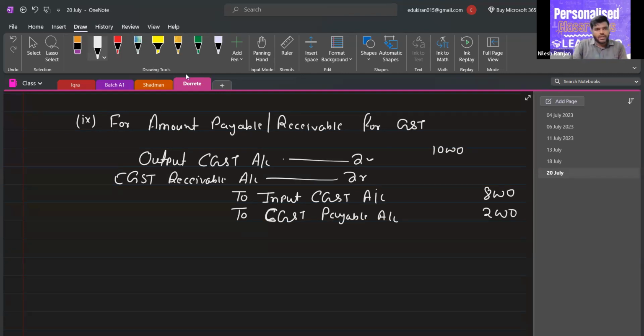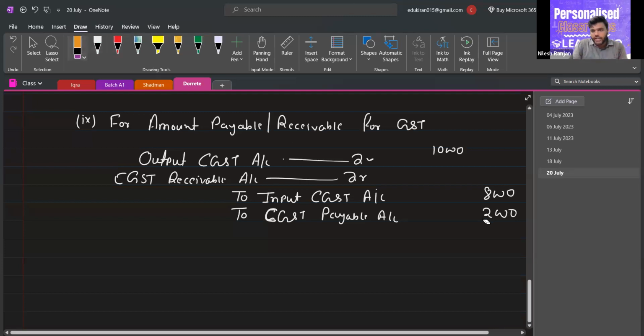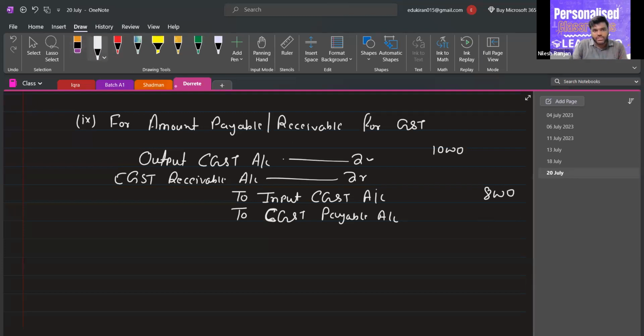And if the input is 18,000, then our GST output is less than input, so 8,000 on the debit side, GST receivable. This amount will be refunded by the government.